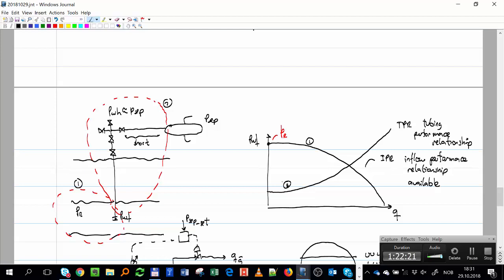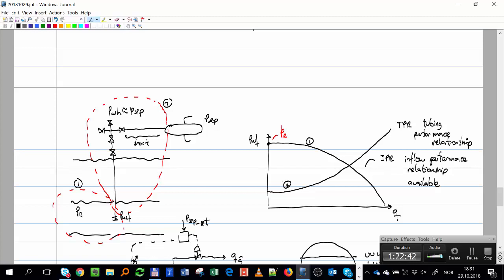Before we take a break, why? Does it mean that I have two pressures at this point? No, right? If I look exactly here, from this point I have this curve, and from this point I have the other curve.